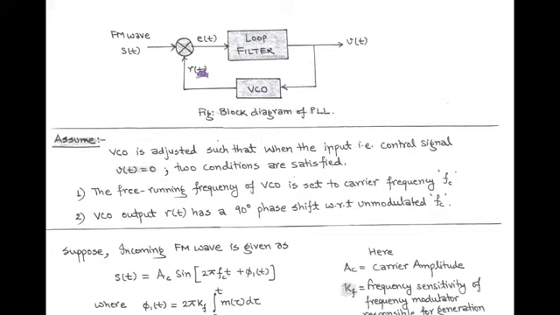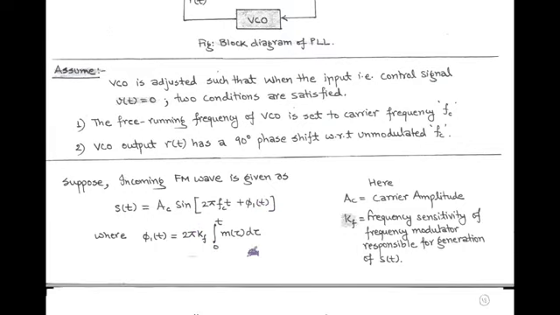This locally generated FM, denoted by rt, is multiplied by the incoming FM wave, that is given by st, and it is equal to Ac sin(2 pi fc t plus phi 1 t), where phi 1 t equals 2 pi kf integration m(tau) d tau. Here, Ac is called carrier amplitude and kf is called frequency sensitivity of the modulator that is responsible for the generation of FM.